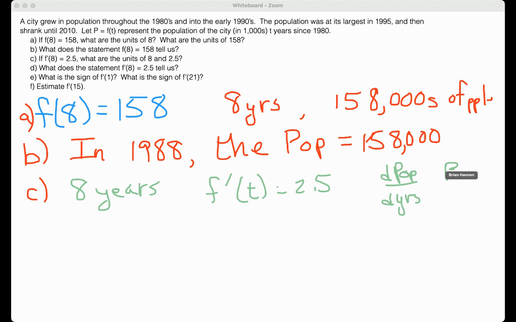The units would be thousands of people over years. That's a horrible way to write it, but that's exactly what it is. Thousands of people over years. That's the units we're looking for the derivative. It's really important to read the problem and just figure out which units go with which. We'll do the last 3 parts in the next video.